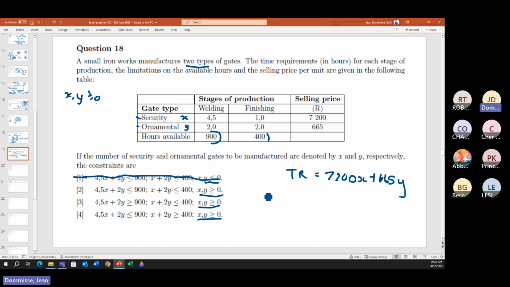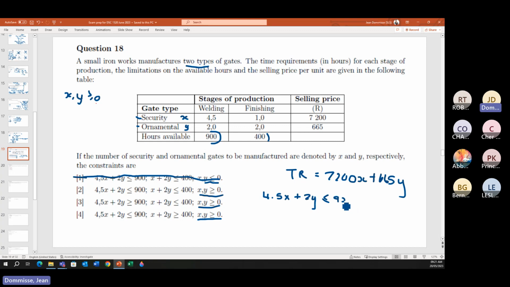So for welding, we know it will take me 4.5 hours to weld X. It will take me 2 hours to weld Y. And I have basically 9 hours available.